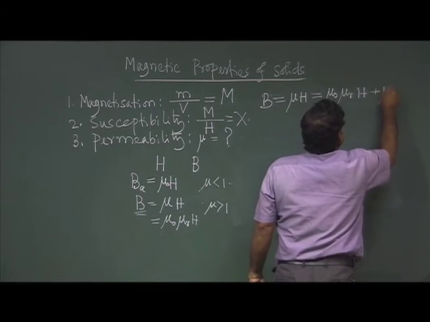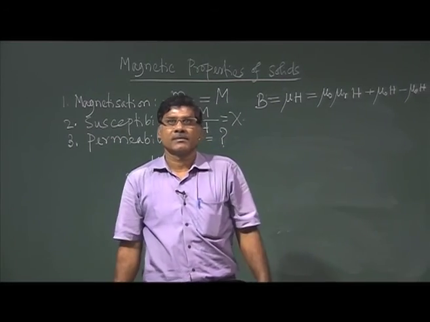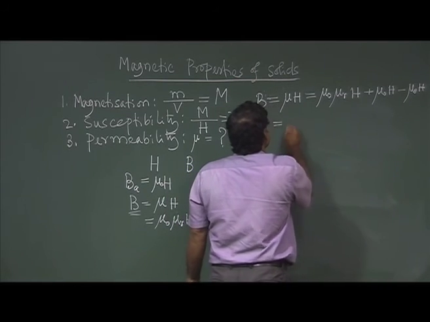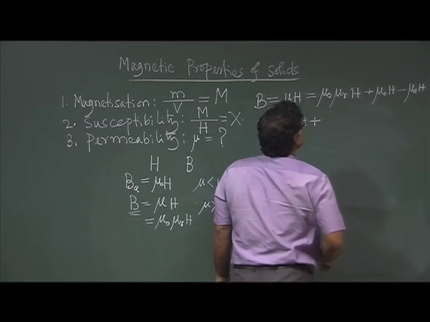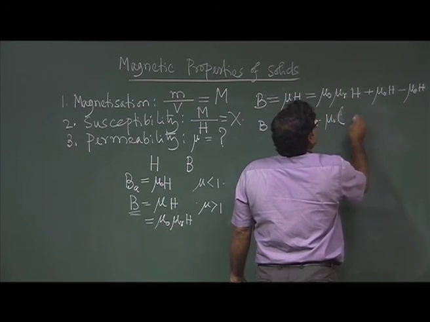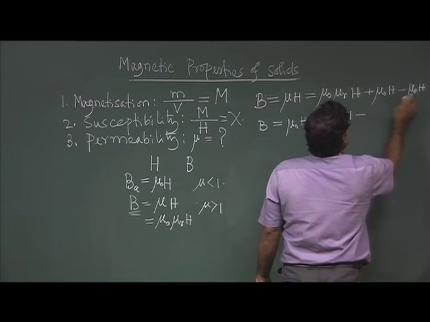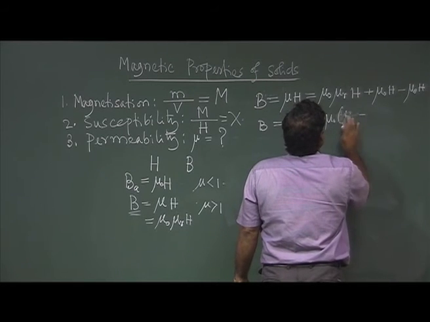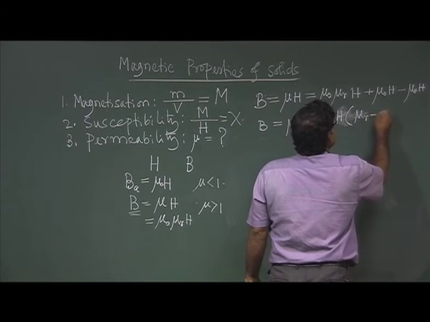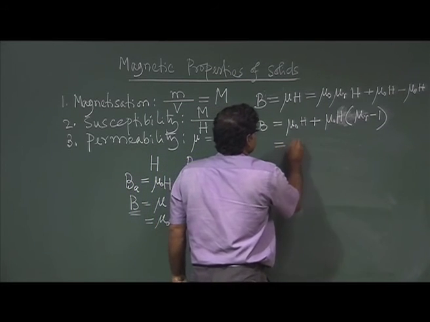Now, if I add mu 0 H and subtract mu 0 H, then I can write B equal to mu 0 H plus mu 0 H times mu r minus 1, right. This I can write.